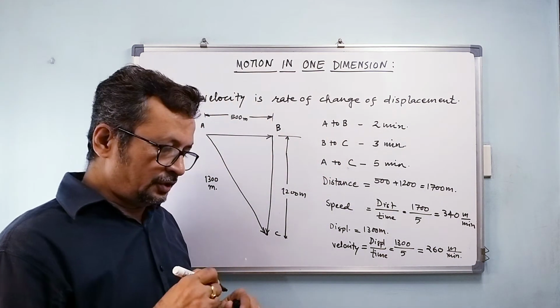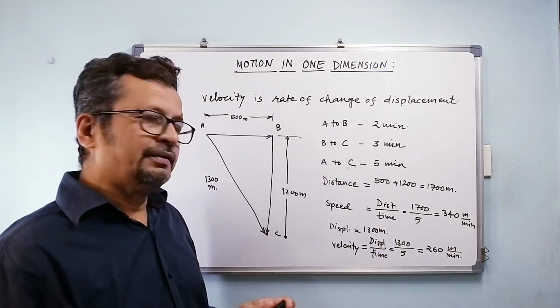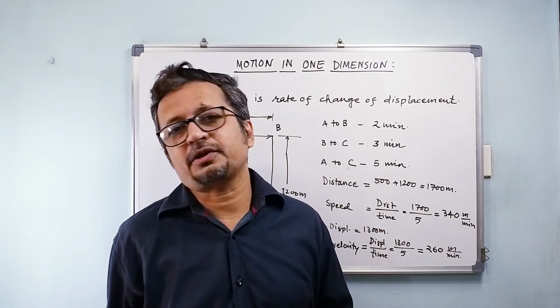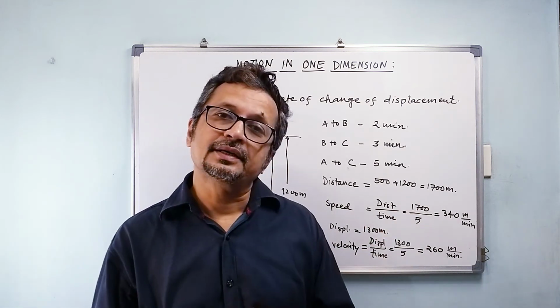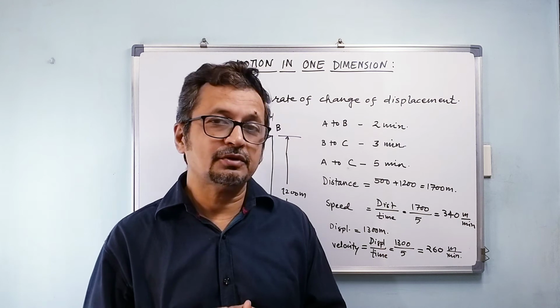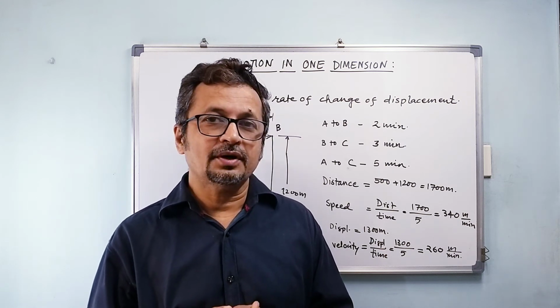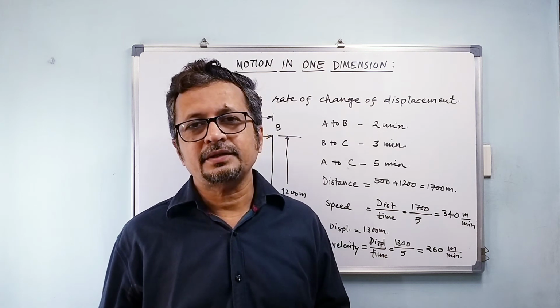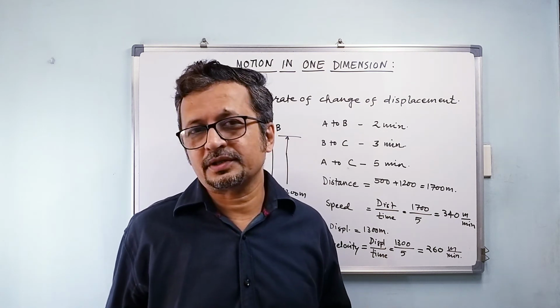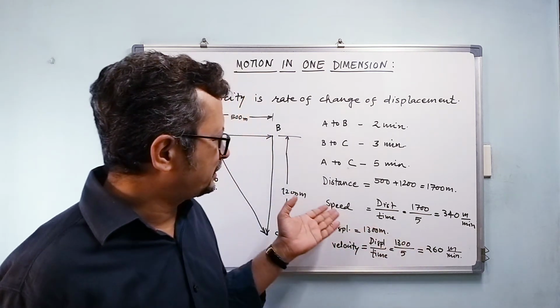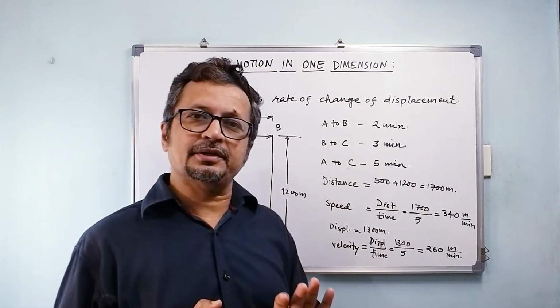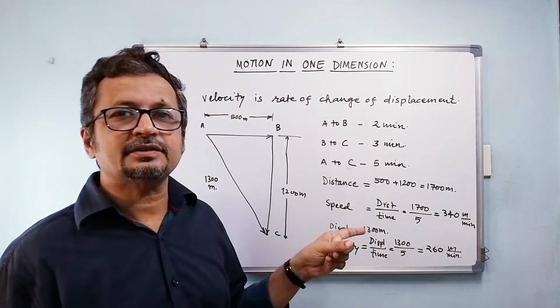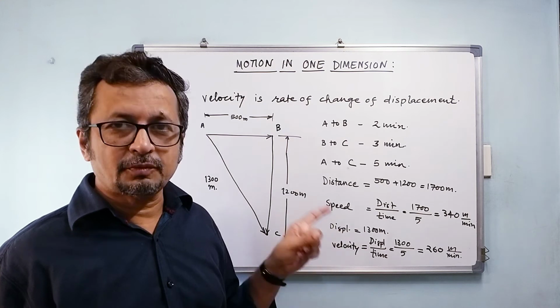Now here you can see my velocity has a smaller magnitude than my speed. What is the reason? Because I walked longer, but my displacement is smaller. Correct. So if I think of speed, my speed may be greater, but velocity in this case is going to be smaller than that.